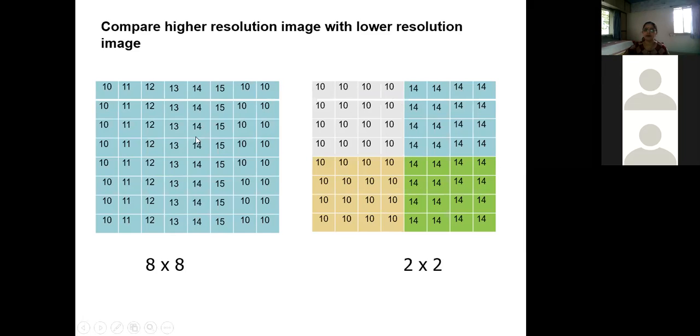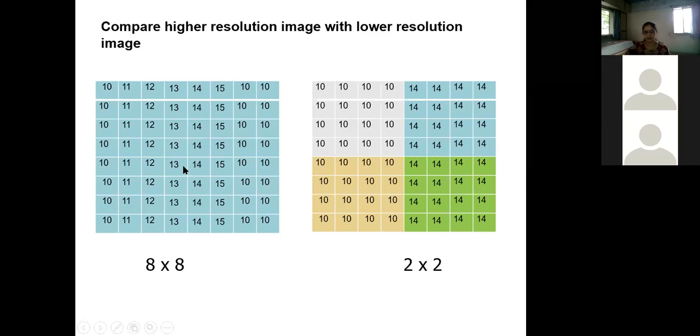Now can you recognize the difference between these two images? Can anybody tell me something by comparing these two images? This is an image with resolution 8 by 8, and this is an image with resolution 2 by 2. So can you compare these two arrays?